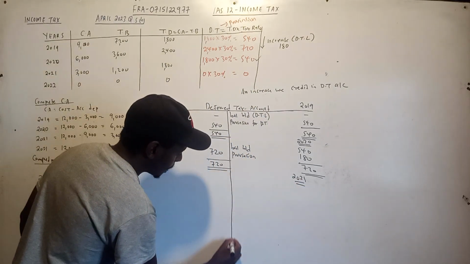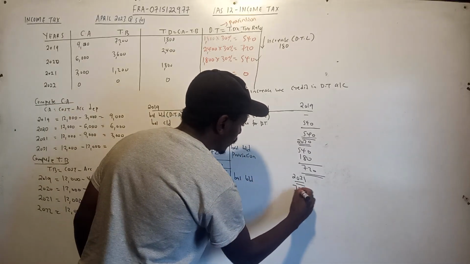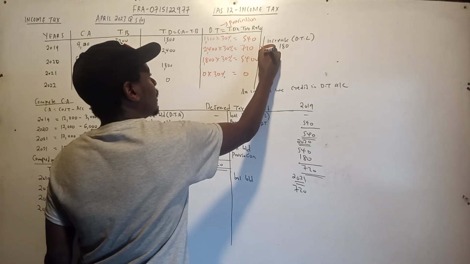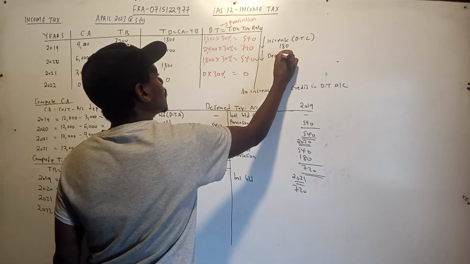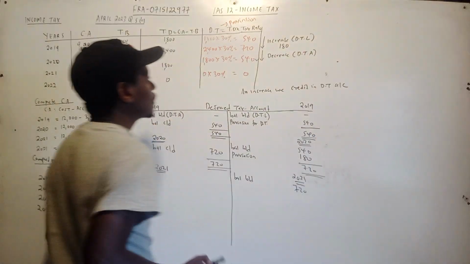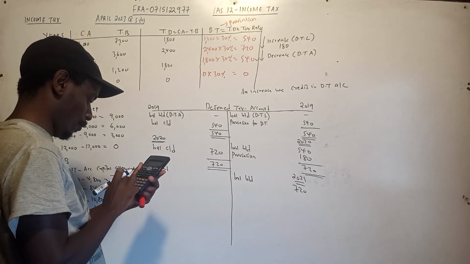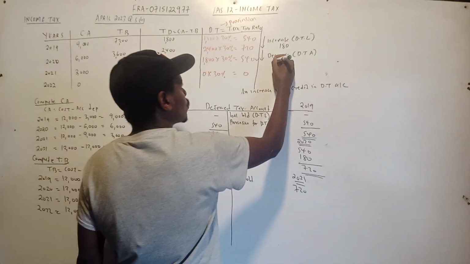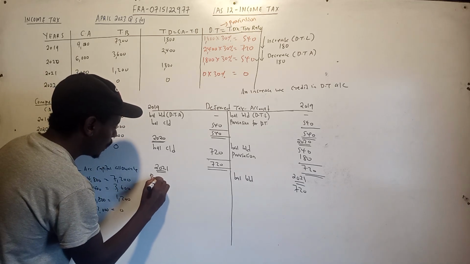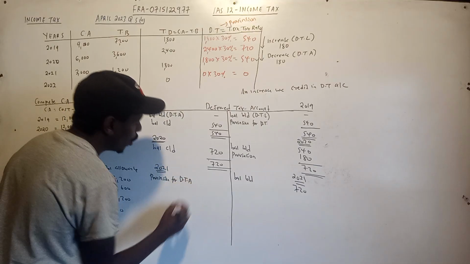2021. So the balance brought down is 720. Now from here we check if we have an increase or a decrease. So we have a decrease. This one is related to deferred tax asset. So 720 to 540, we have a decrease of 180. So that will be the provision for deferred tax asset.